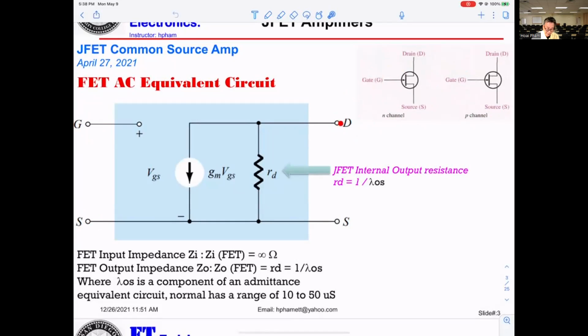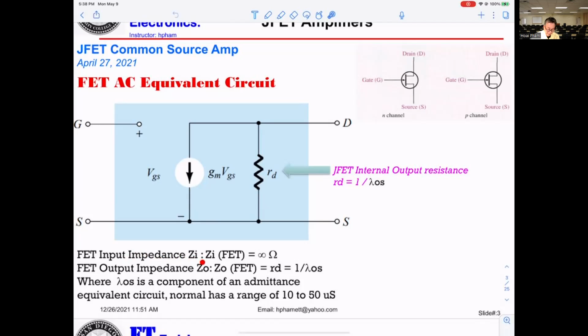Only the drain goes into the source to get the current source, which is equal to gm times Vgs. This is the internal resistance output of the JFET, rd. Basically, this resistor is too big, so in most applications we ignore it. We don't care about small rd.